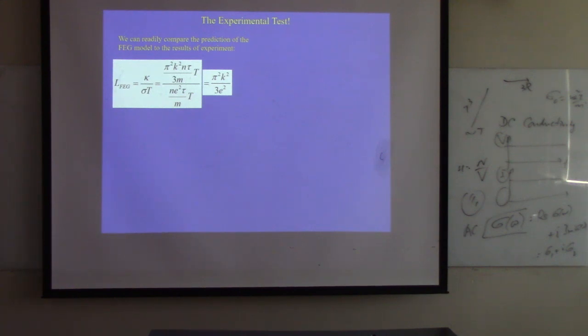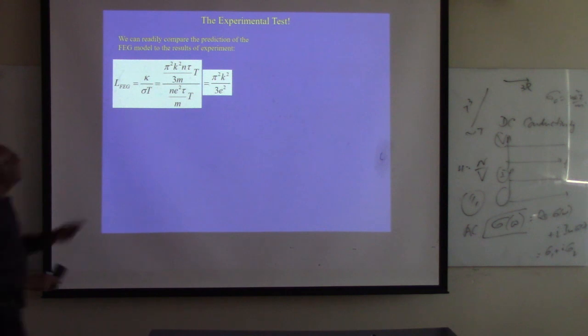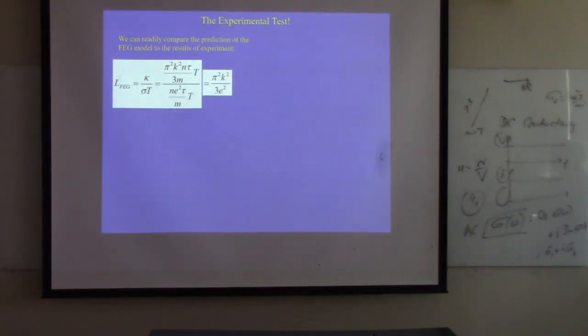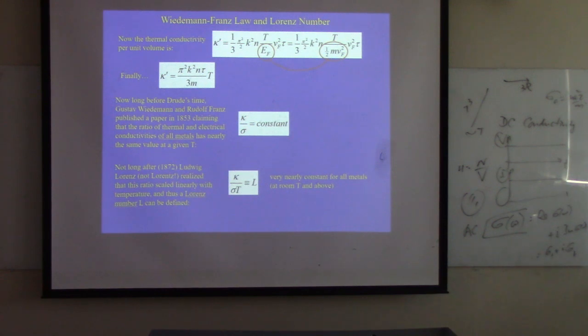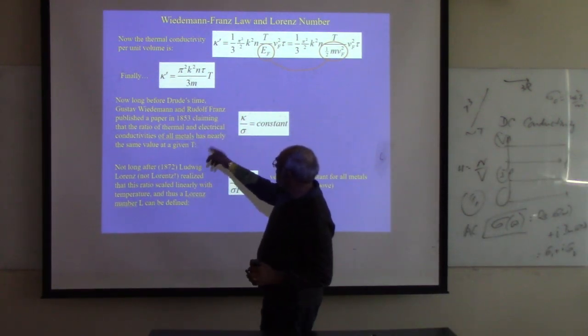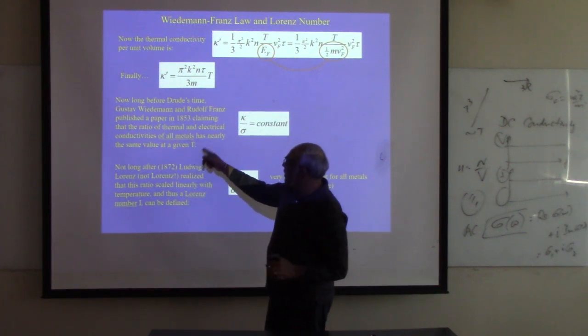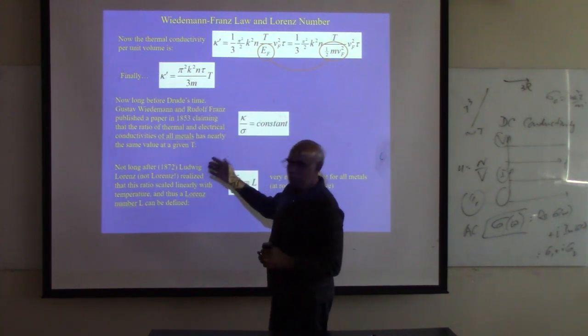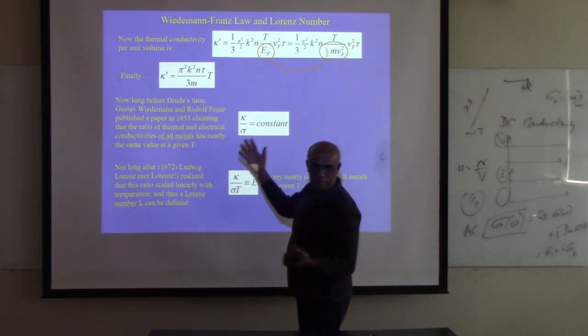But this is actually called the Wiedemann-Franz law. The Wiedemann-Franz law says the ratio of electronic thermal conductivity to electrical conductivity is always constant. People noticed this a long time ago, around 1853. They had seen that all metals have almost the same ratio if you measure at room temperature, because T is constant, right?